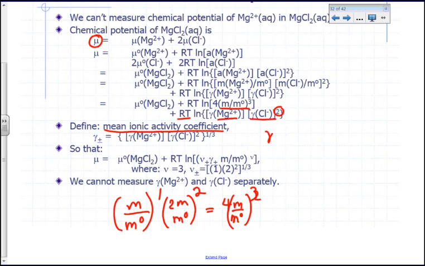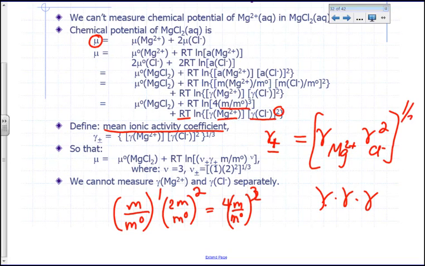So gamma with the plus-minus label next to it is this expression right here: gamma of magnesium times gamma of chloride raised to the power 2. So this is like 3 gammas being multiplied, right? So you raise it to the power 1/3, get the cube root of that, to get the mean ionic activity coefficient. All right, so that's your mean ionic activity coefficient.